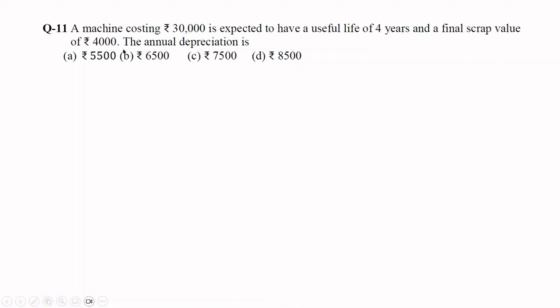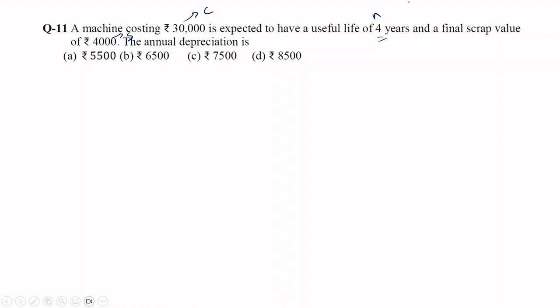Next question: a machine costing rupees 30,000 is expected to have a useful life of 4 years and a final scrap value of rupees 4,000. The annual depreciation is. So here the cost of the machine C is 30,000, the scrap value S is 4,000, and the useful life N is 4 years.